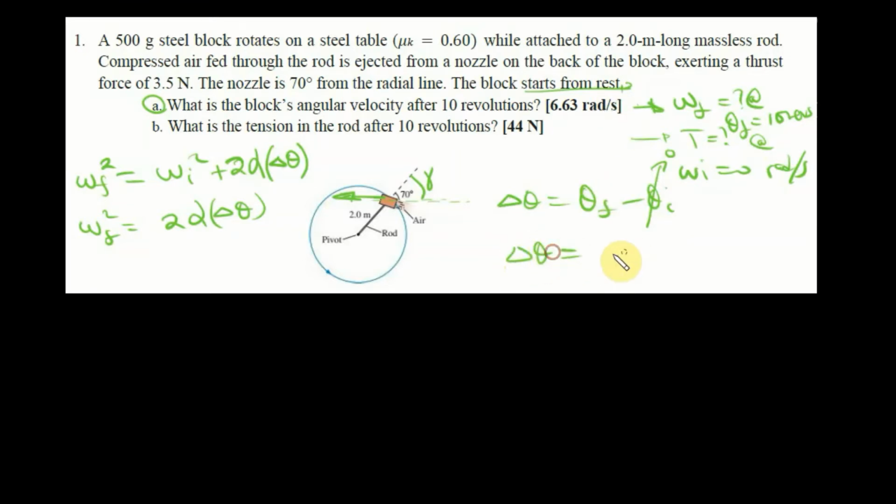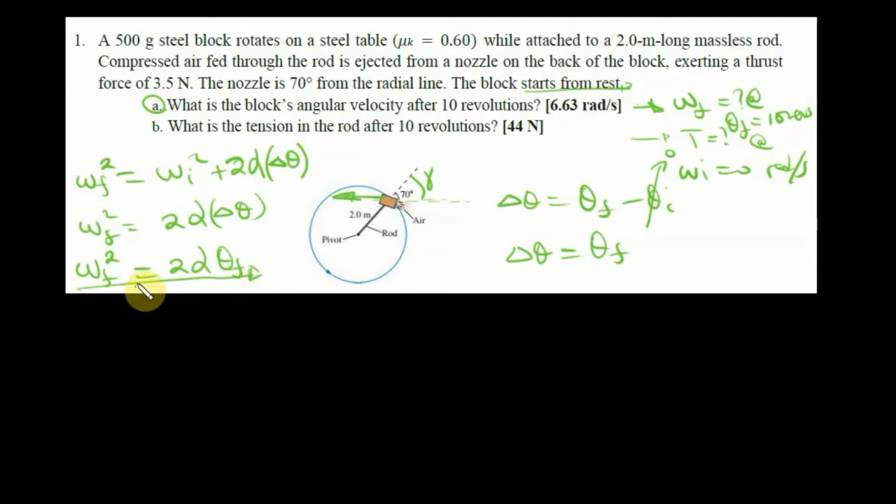So change in theta is just the final angular position. Therefore, our equation reduces to omega final squared equals 2 alpha theta final.